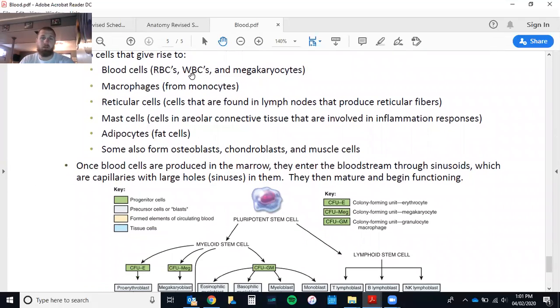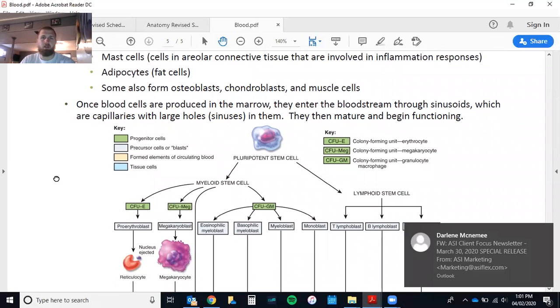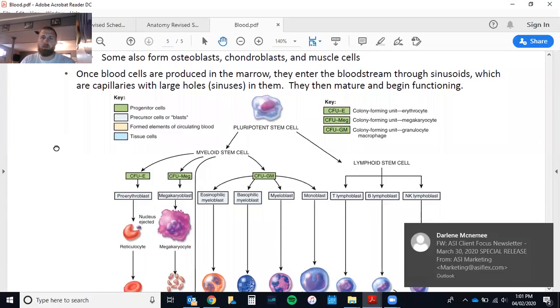All those different blood cells that we've talked about, the macrophages that we form from monocytes, and can even form other cells, which include reticular cells, which are found in our lymph nodes, mast cells, which I mentioned, are found in our connective tissue, adipocytes, which we know as fat cells, and then even osteoblasts, which are in our bone, chondroblasts in our cartilage, and our muscle cells.